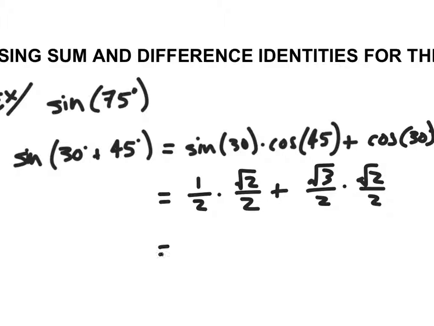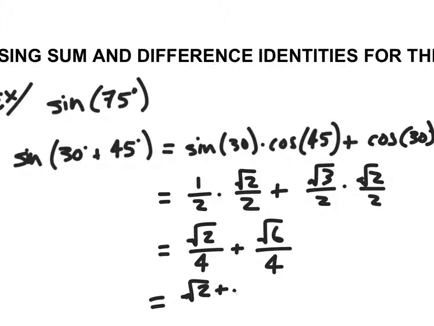This is going to give us the square root of 2 over 4 plus the square root of 6 over 4, so we get the square root of 2 plus the square root of 6, all over 4. And that would equal sine of 75 degrees.